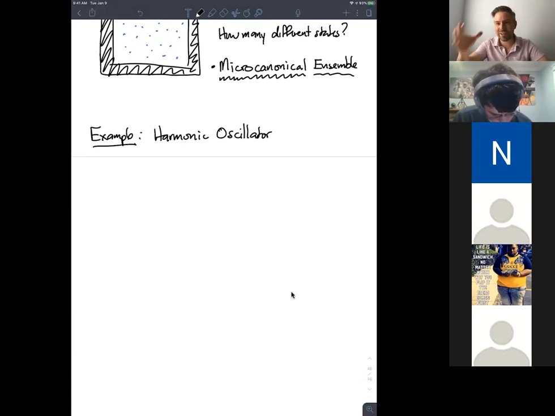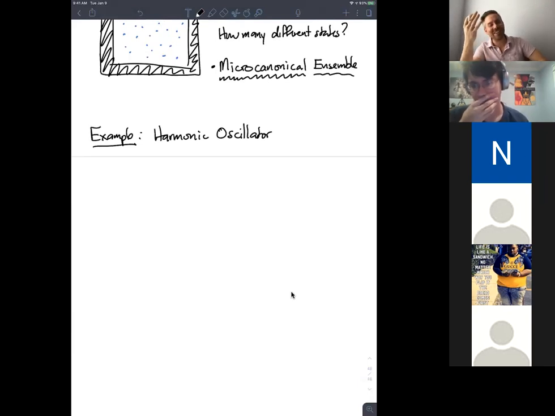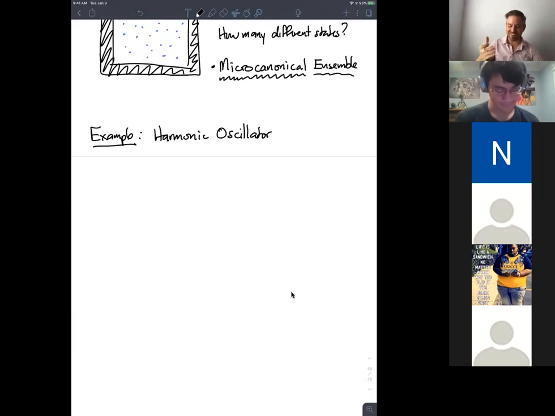If your goal in life is to become a quantum field theorist, you sit there in your chair and you think, what if everything in the universe was a harmonic oscillator? Physicists freaking love harmonic oscillators. So let's talk about a harmonic oscillator.